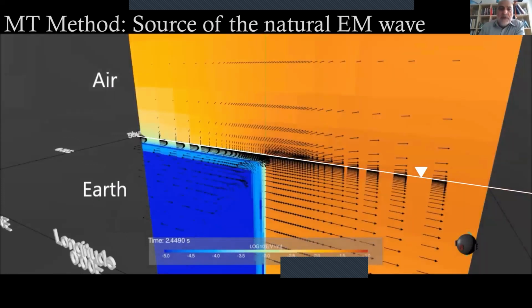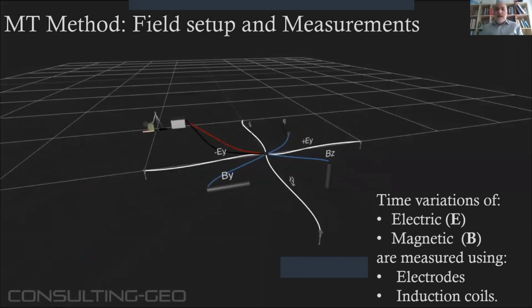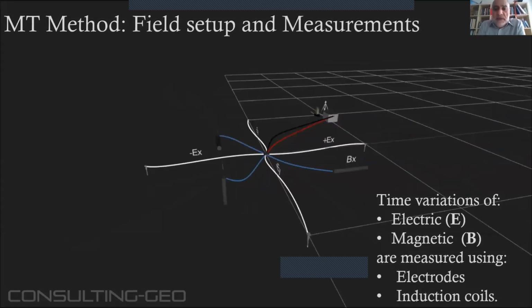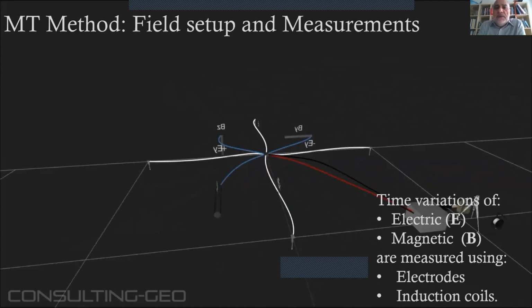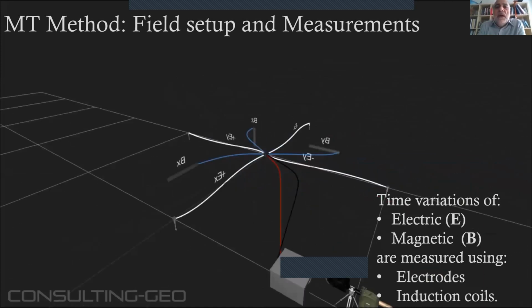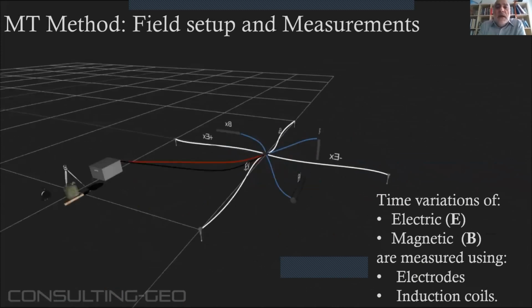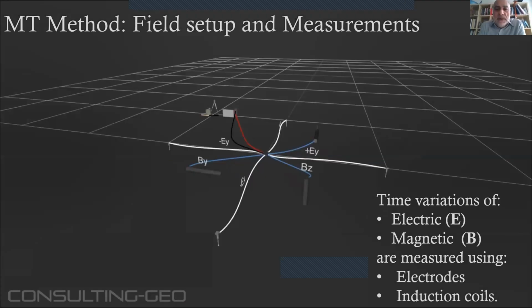This animation shows a field setup, or a site, at which we measure the time variation of the electric and magnetic field. Usually, to measure the electric field, we use two pairs of electric dipoles. They are orthogonal, to measure the variation in the X direction and in the Y direction.